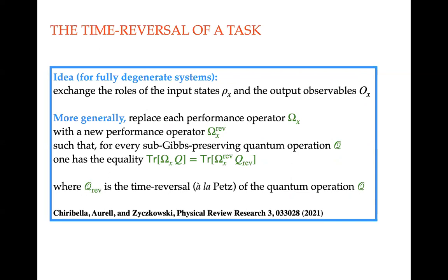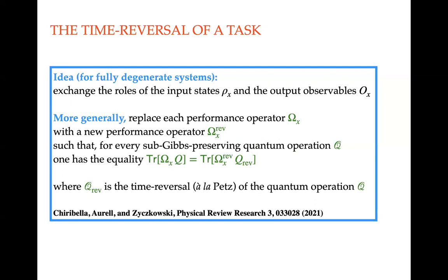If you have just a task where you go from a system to itself and there is no energy, so the energy is completely degenerate, the idea of time reversal is simply to exchange the roles of the input state rho x and of the output observable. So you pretend that the observable is a sort of input, and you treat the state rho x as a sort of observable in the output, and this defines a time reversed task.